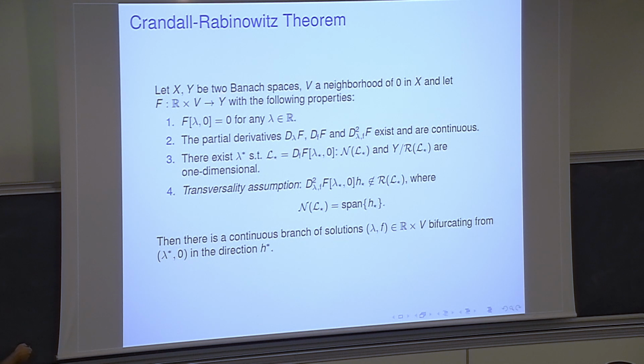You have two Banach spaces, X and Y. You have a neighborhood B around 0 in X, and you have a functional that goes from R times this neighborhood of 0 to Y. You must have the following properties. For every lambda, f equal to 0 must be a solution. Then the partial derivatives, understood in the Fréchet sense, of the functional capital F, d lambda F, d f F, and this cross derivative, d lambda d f F, are continuous.